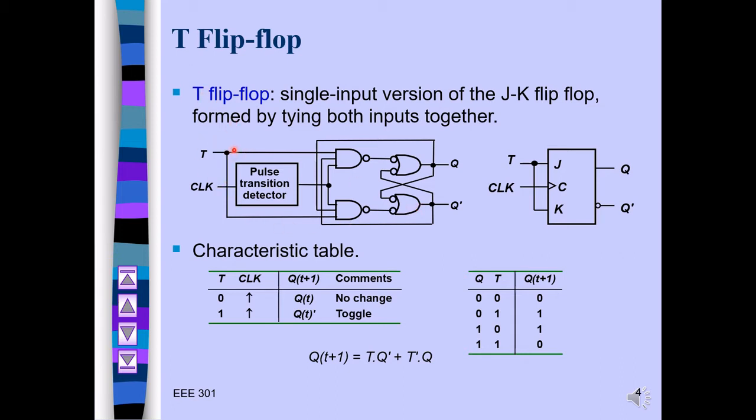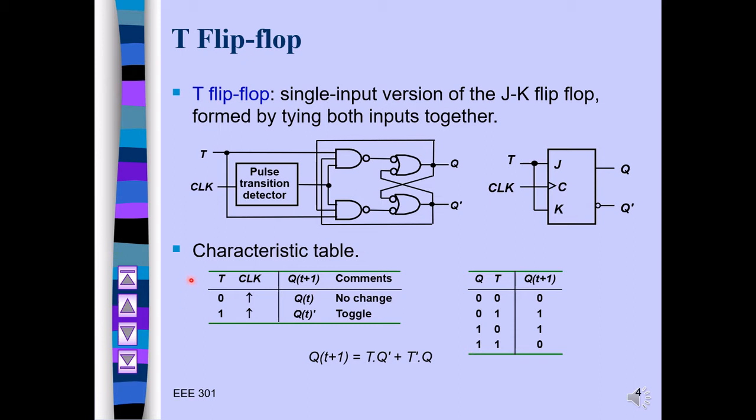So right now we have one input instead of two as in the JK. For the T flip-flop we just have one input, K is shorted with J, and that becomes T. This is your clock, and this is your Q and Q prime.